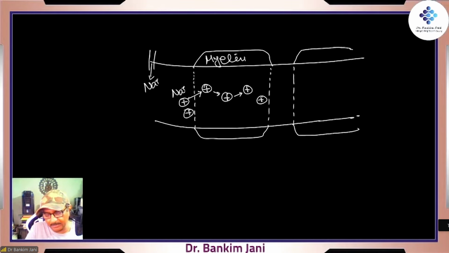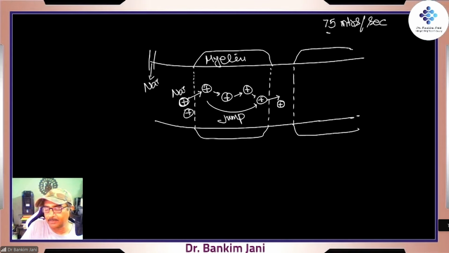This one would hit, this one would hit, and so practically speaking, this is as if the positive ion which is over here straight away jumps to this point. So this is a sort of jump and its speed is much higher. It is 75 meters per second. This is the speed at which it travels, 75 meters per second.